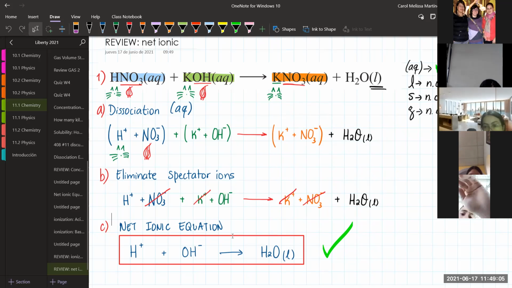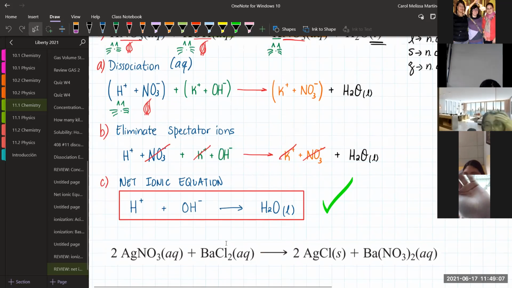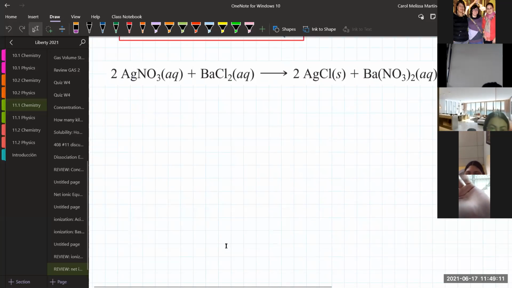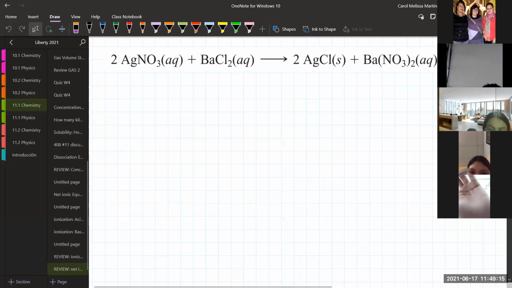Okay, so remember that you need to participate. Let's work with example number 2. It says 2 silver nitrate plus barium chloride produce 2 silver chloride solid plus barium nitrate aqueous.